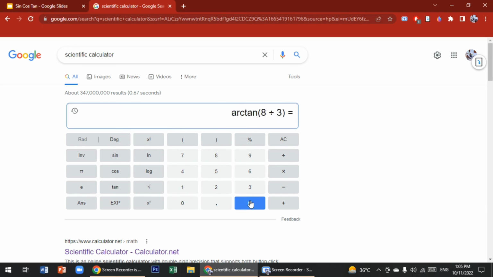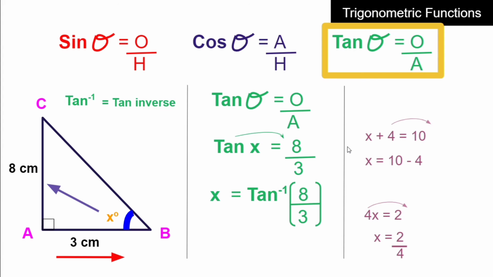So my answer is 69.4. So tan inverse of 8 over 3 is equal to 69.4. The x, or the theta, is equal to 69.4.